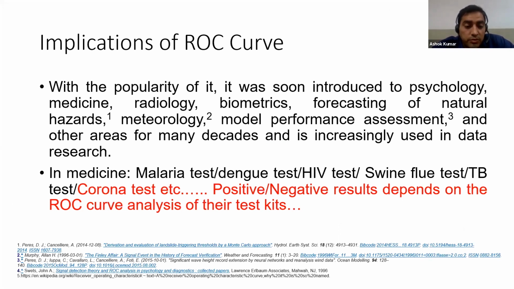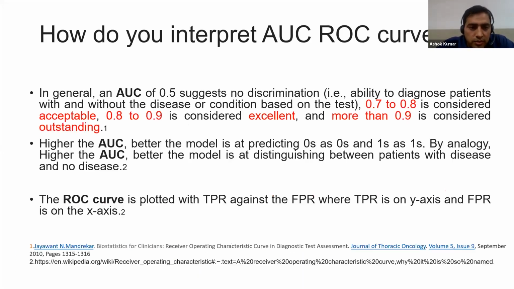If their sensitivity and specificity are high, above the government standard, then the government approves these tests, and after that these test kits come to market. So this is a benefit, or application, of the ROC curve.